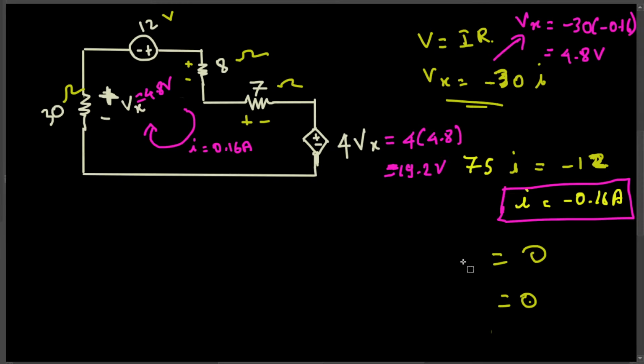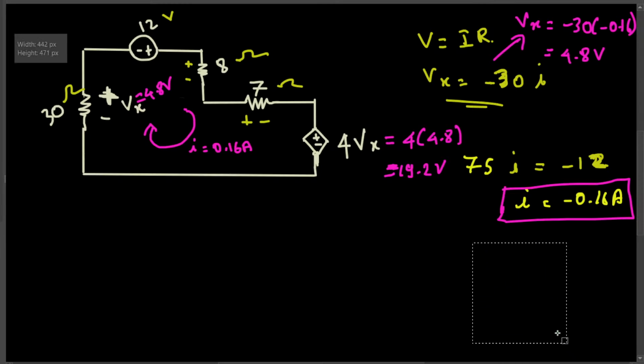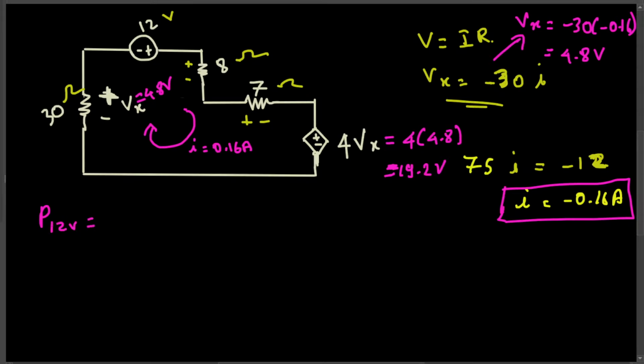So let's say the question asks you to find power. Let's start with the power at this 12 voltage. P 12 voltage, and we know that the power equation is given by, let me use a different color, P is equal to VI, or P is equal to I square R, or P is equal to V square over R. P is equal to VI, and if you apply Ohm's law, V is what?